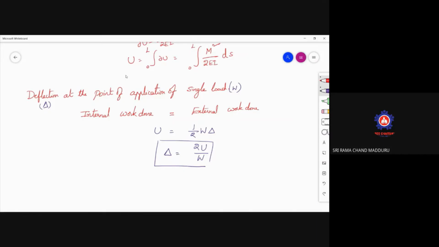So you can represent this W as P also. As P also, it is the value of load.